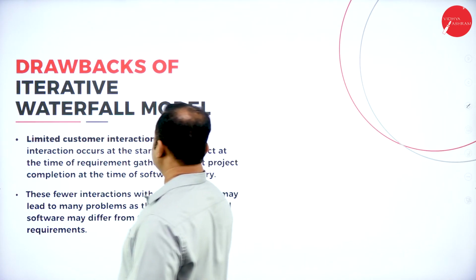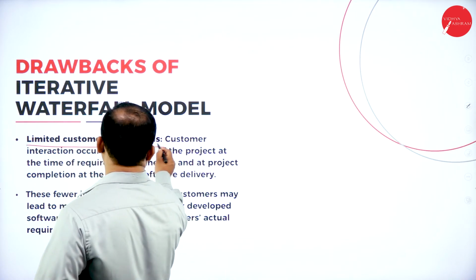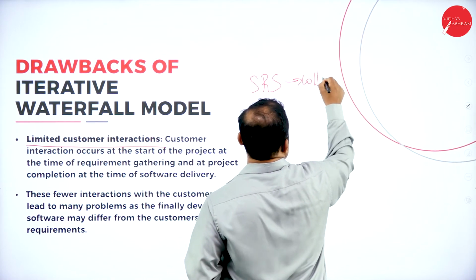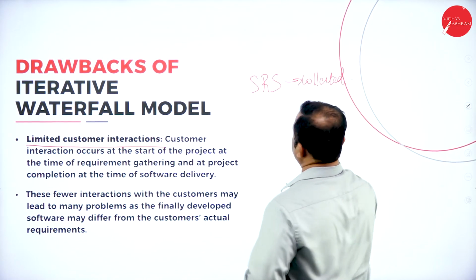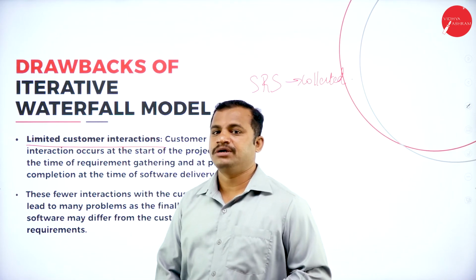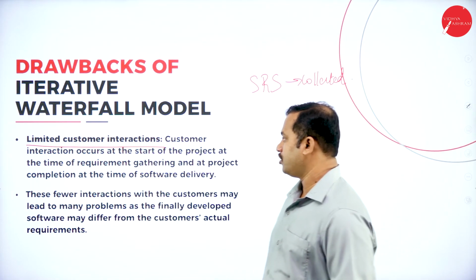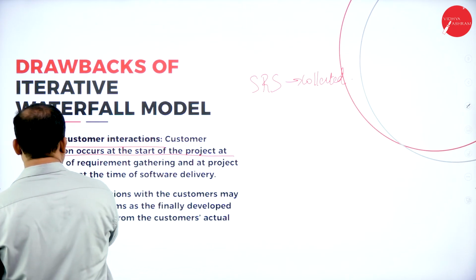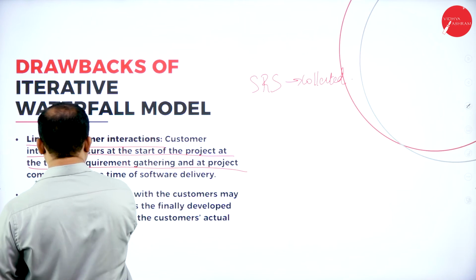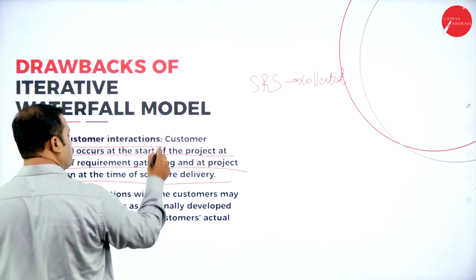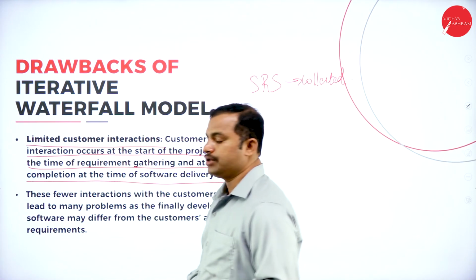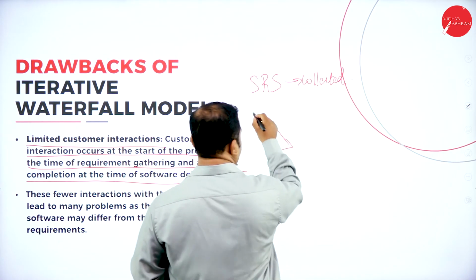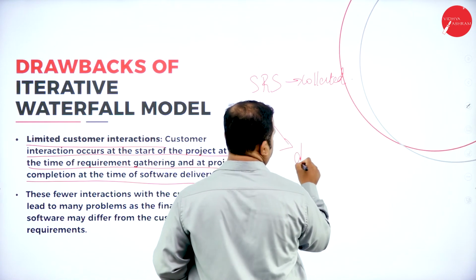Then limited customer interaction. That means once the SRS is collected, not much interaction with the customer takes place in the iterative waterfall model, because the interaction occurs at the beginning of the project, at the time of requirements gathering, and at project completion, at the time of software delivery. There will not be any overlapping once the process starts from requirements analysis to development.